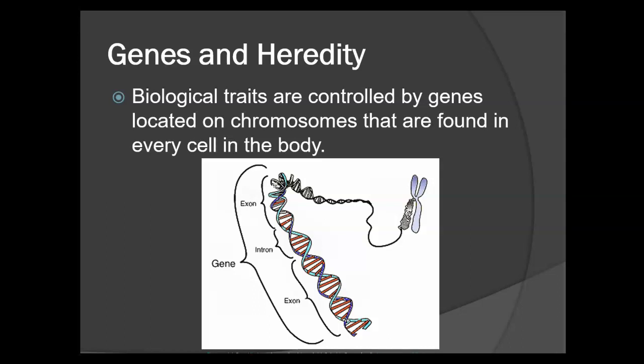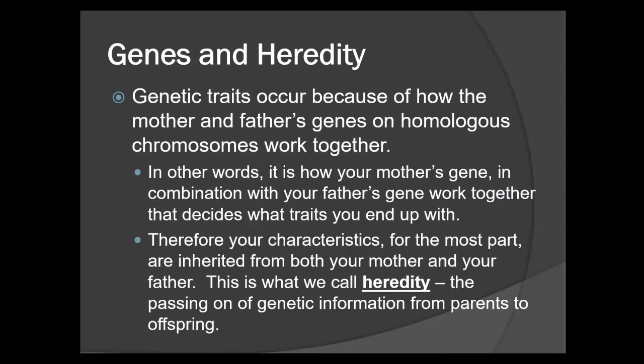Okay, and inside of these genes and inside of these chromosomes is the genetic information that gets passed from one generation to the next. So genetic traits occur because of how the mother's and father's genes on homologous chromosomes work together with each other. Remember, in the last section, in concepts C1, C2 and C3, we talked about how chromosomes are organized into homologous pairs.